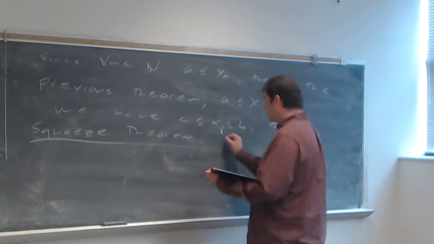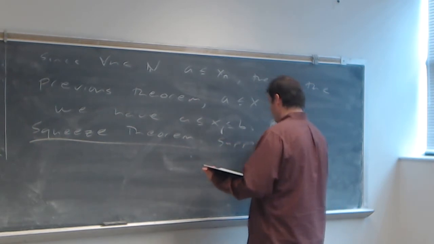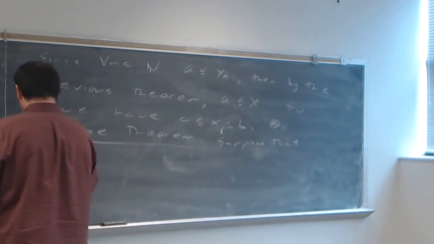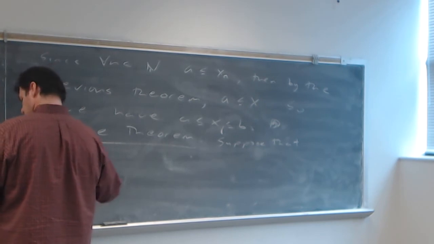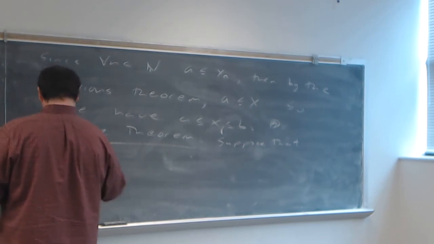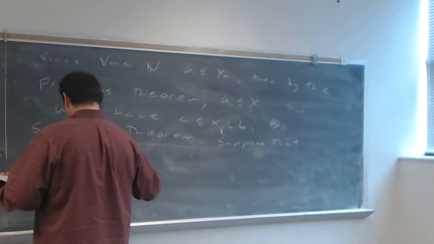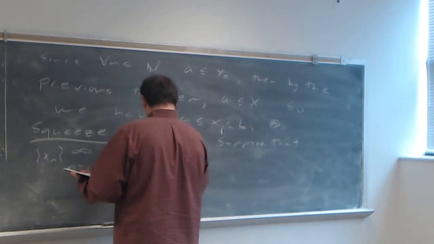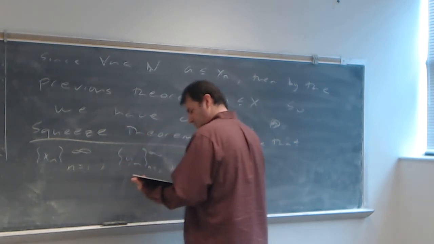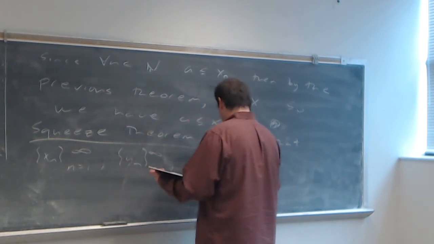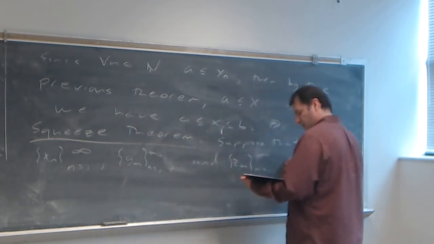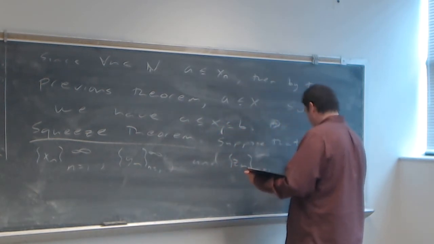It says, suppose that x sub n, y sub n, and z sub n are sequences.